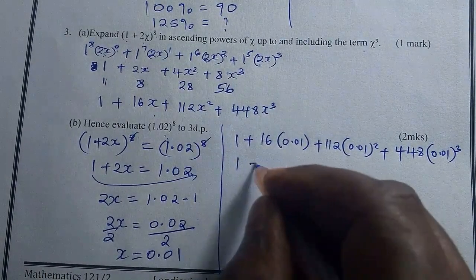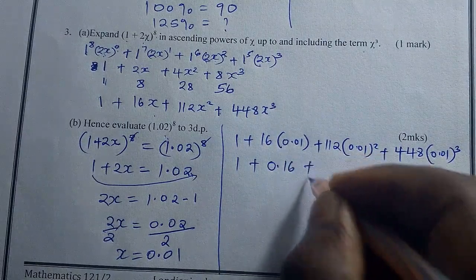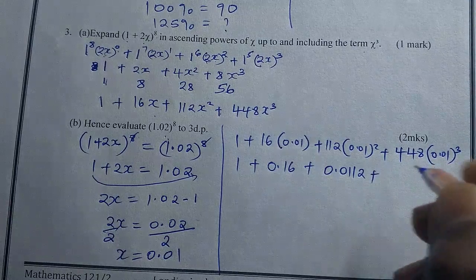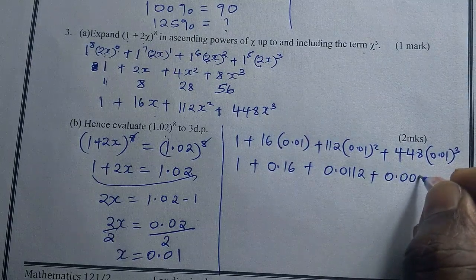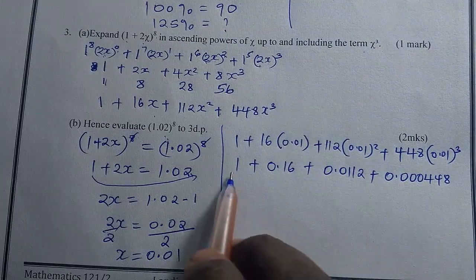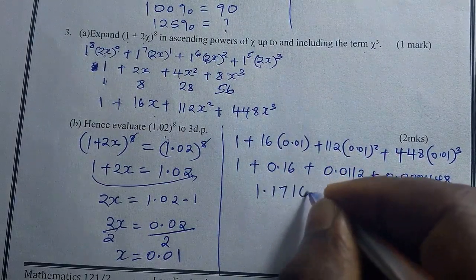So this is 1 plus 0.16, using your calculator. So when you add this, you get 1.17164848.